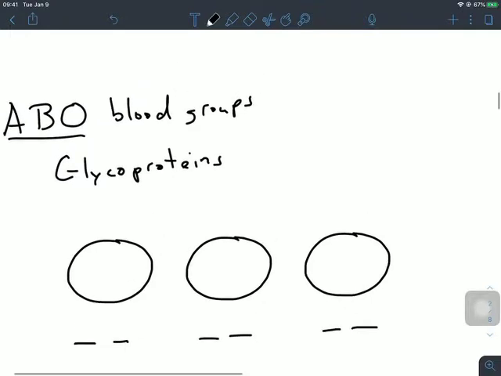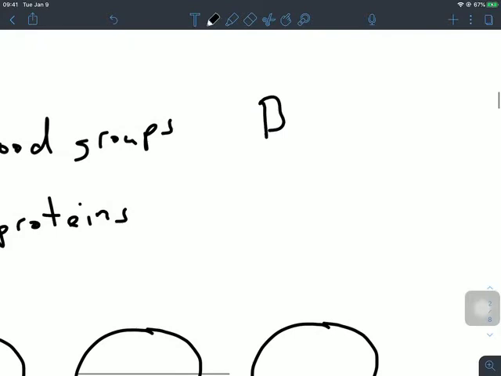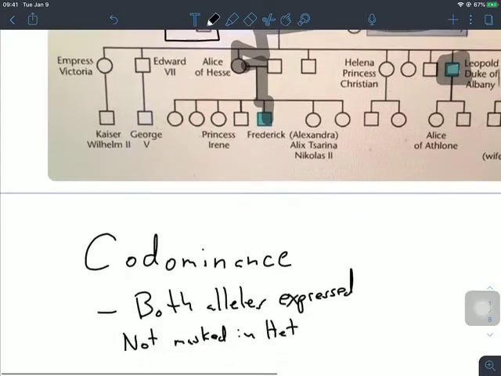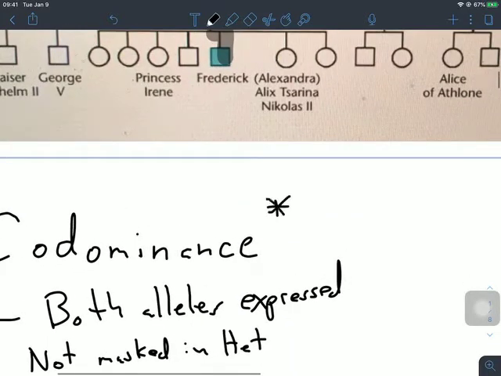So our gene is going to be the blood type gene, so we'll indicate it with a B. And then our 3 different alleles, because you have now a case of multiple alleles. So this is kind of a 2-for-1 in codominance. Put a little asterisk up here for multi-alleles as well.